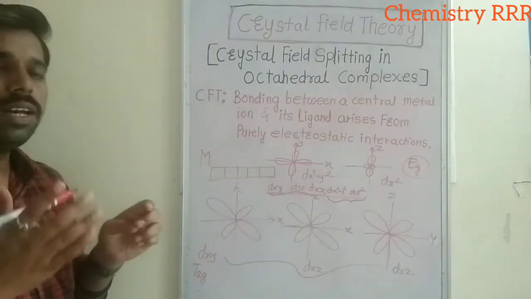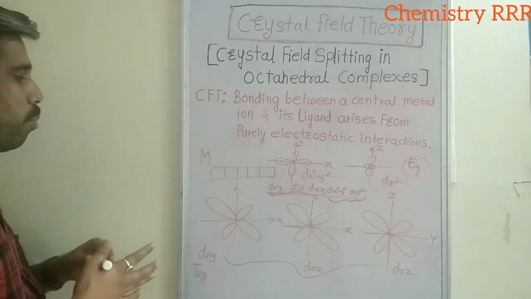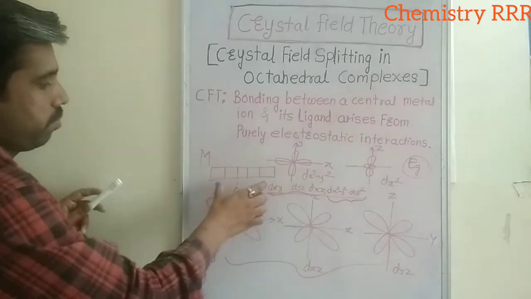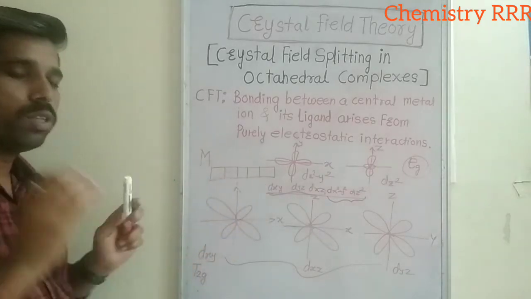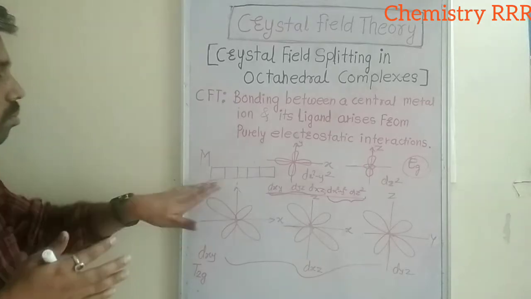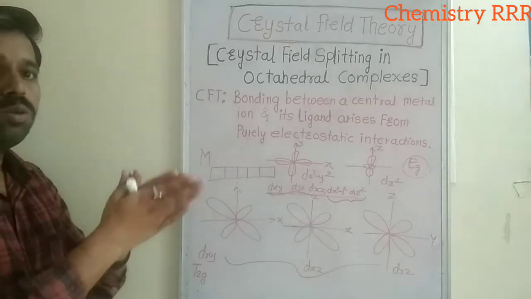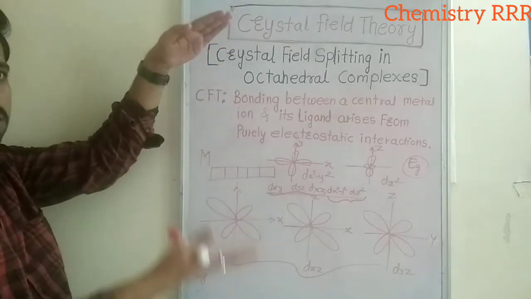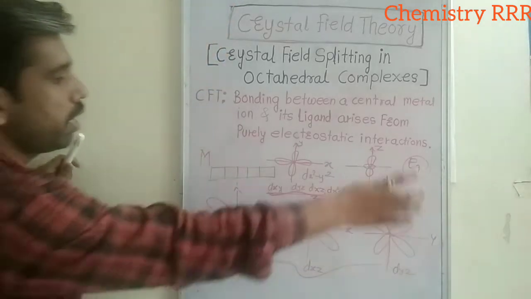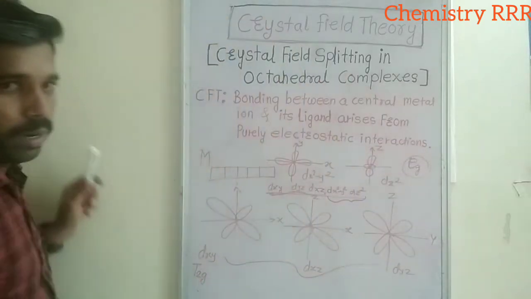But when ligand approaches the d orbital, the energy of the d orbital rises and they split into two sets of orbital, nothing but the T2g set of orbital and Eg set of orbital.